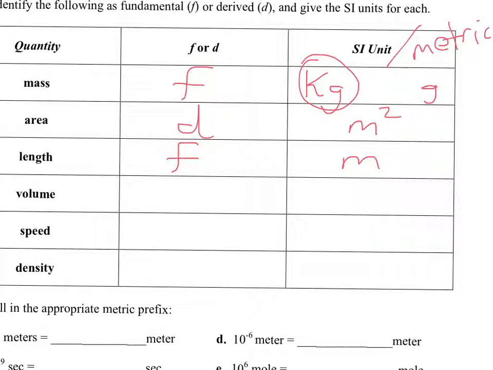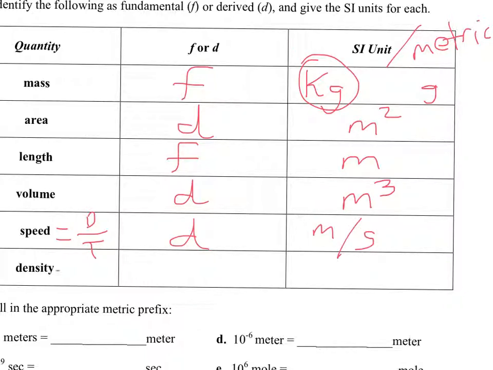Volume is derived. Length times width times height. That's 3 different lengths. So that's derived. And the SI unit is meters cubed. Speed. Well, the formula for speed is distance divided by time. So it must be derived. And we use meters per second in the SI system.